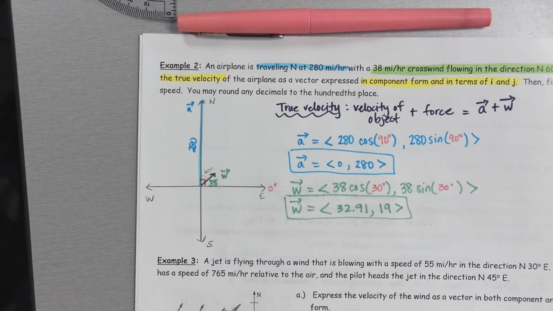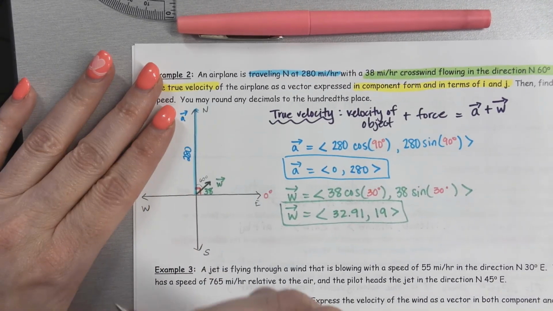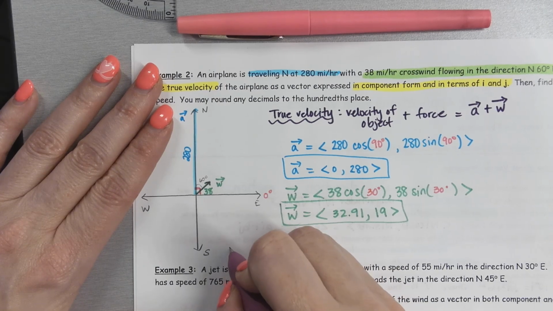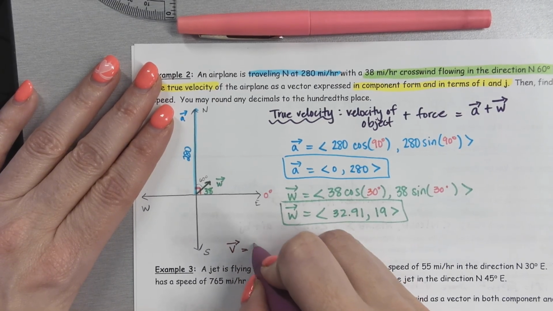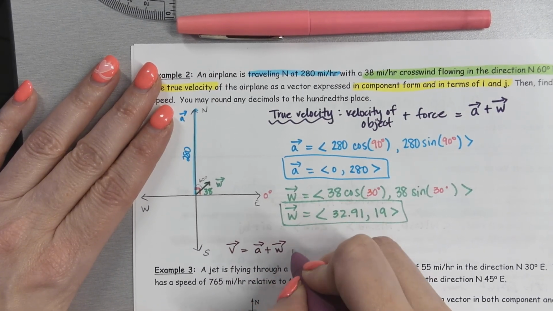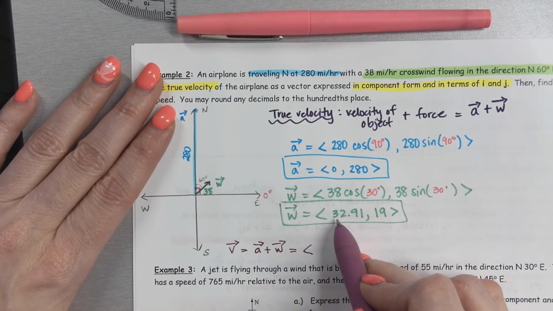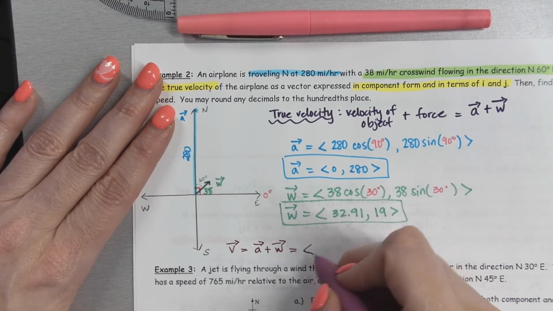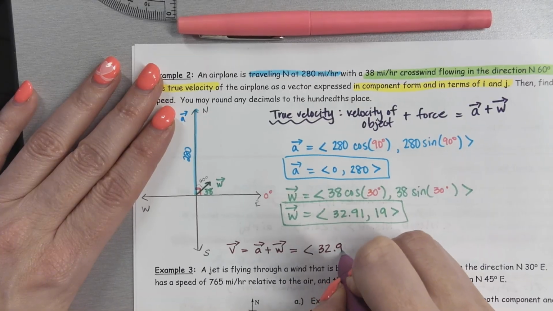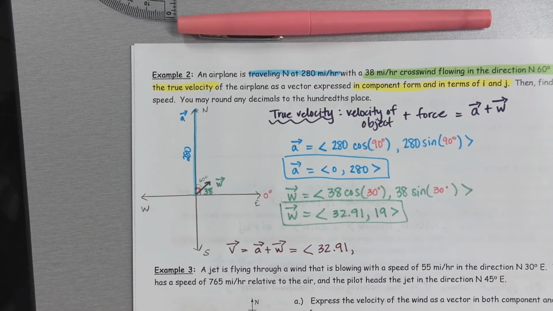Okay, so this is asking you for the true velocity. So the true velocity is adding the airplane plus the wind. Okay, so when you add the horizontal components, 0 and 32.91, you will get 32.91.